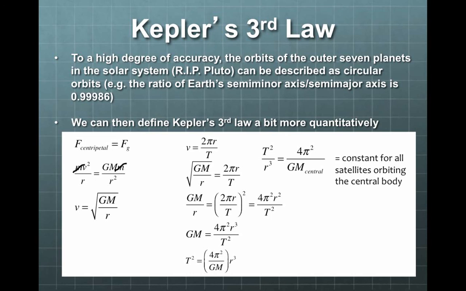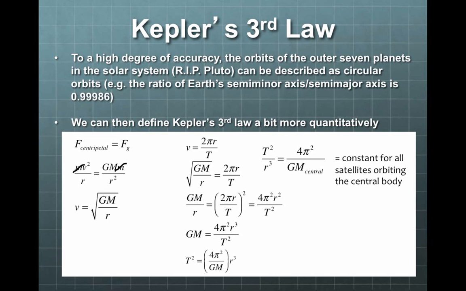Or if you were given either the period or the radius along with the mass of the central body, you could then find either the period or radius. Right? You have three unknowns in this equation. And given two of the unknowns, you could find the third. That's one way we will use this equation.